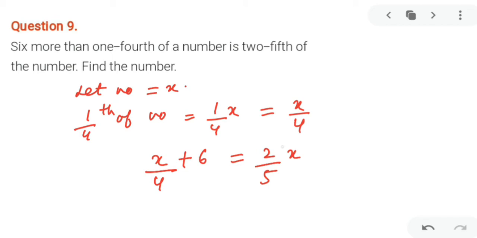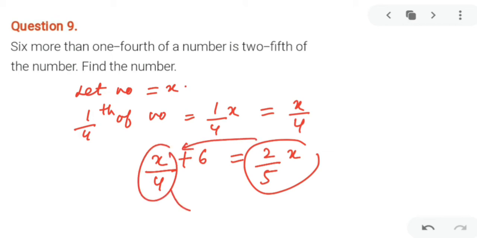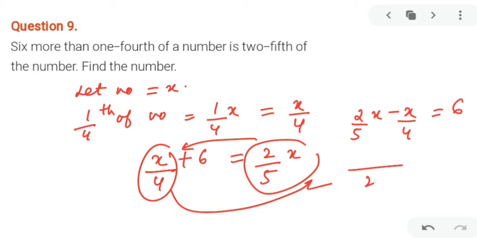How can we solve this? Shall we take this 2/5 of x on this side? Or you can take this x upon 4 on this side. It's one and the same thing. So I'll keep 2/5 of x as it is, and I'll take x upon 4 into subtraction here, is equal to 6. Now take the LCM, my dear kids.